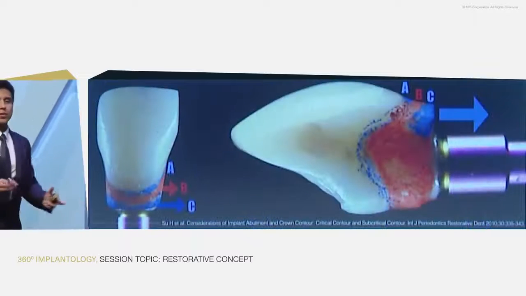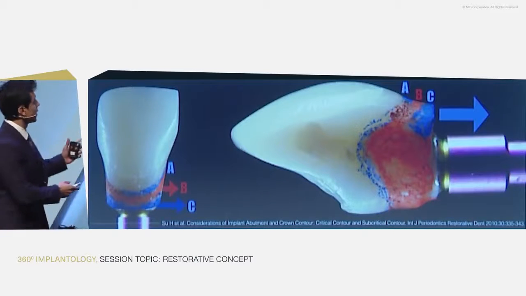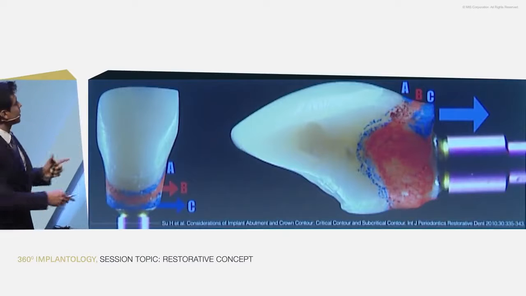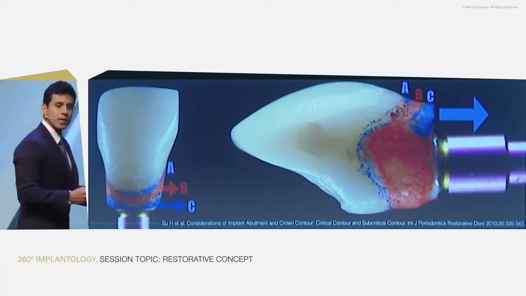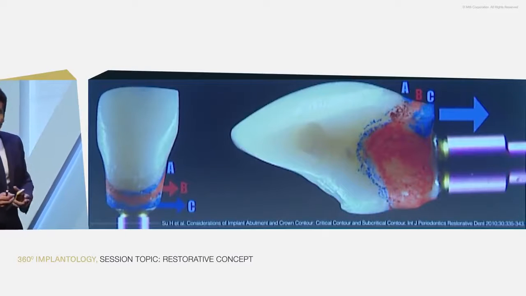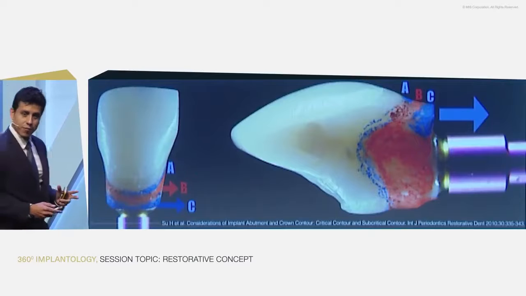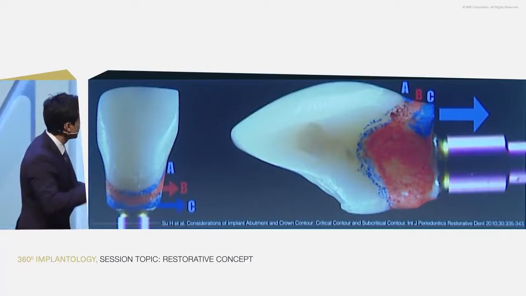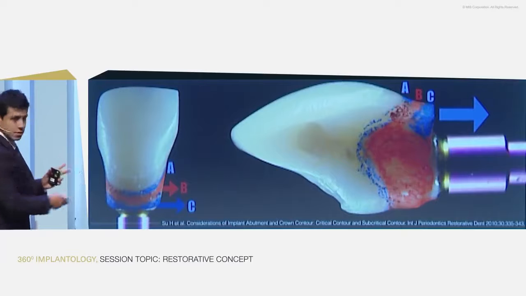And now we have to understand where we can manage the tissue. If you see, line A is the gingival level. Line B is 1 millimeter below the gingival level. And we have to work just in the area of letter C. Because if we work in area C, when you see the sagittal view, we will create a concavity.